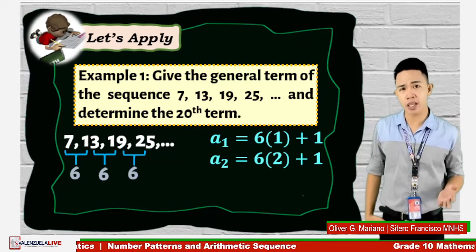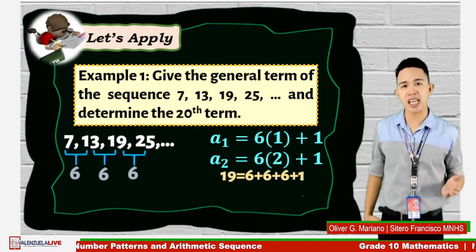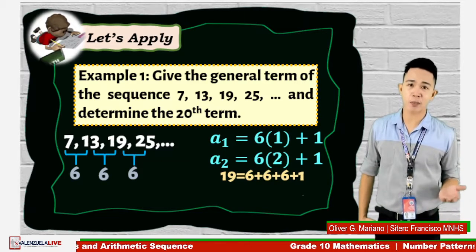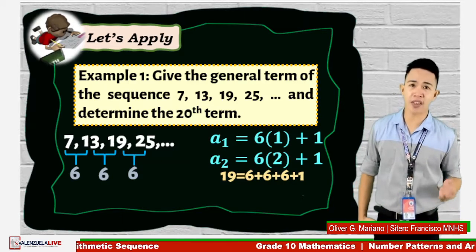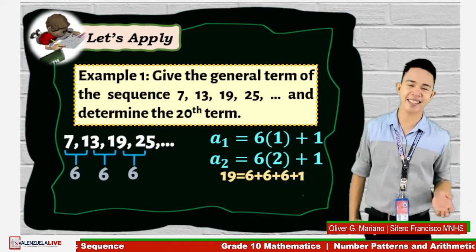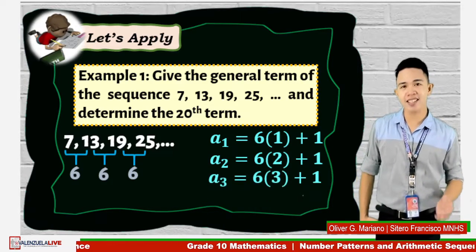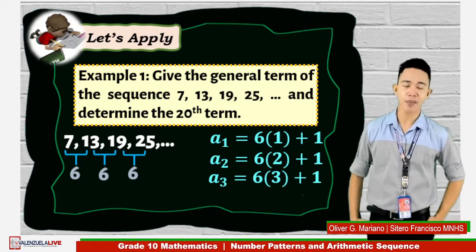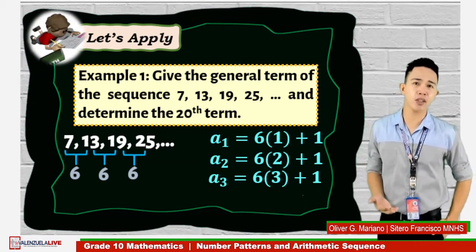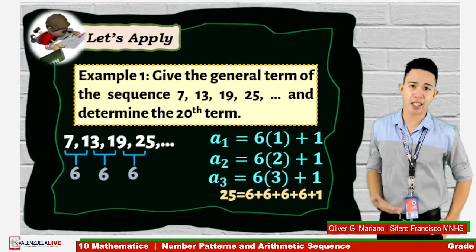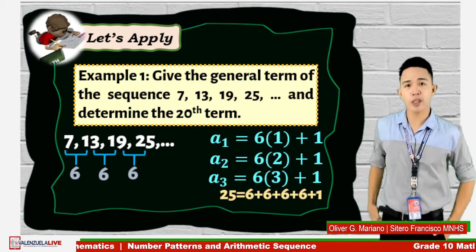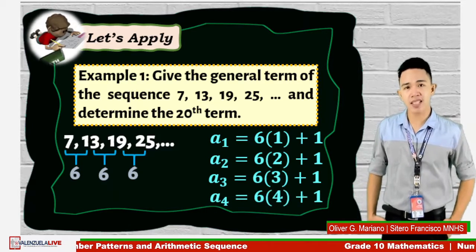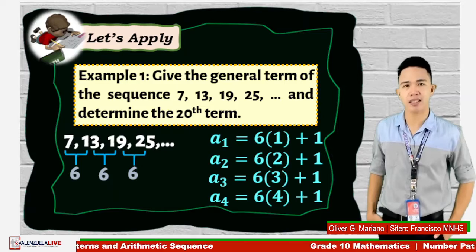Next, observe that 19 is equal to 6 plus 6 plus 6 plus 1. So our third term may be written as a sub 3 is equal to 6 times 3 plus 1. 25 is equal to 6 plus 6 plus 6 plus 6 plus 1, which means that a sub 4 is equal to 6 times 4 plus 1.